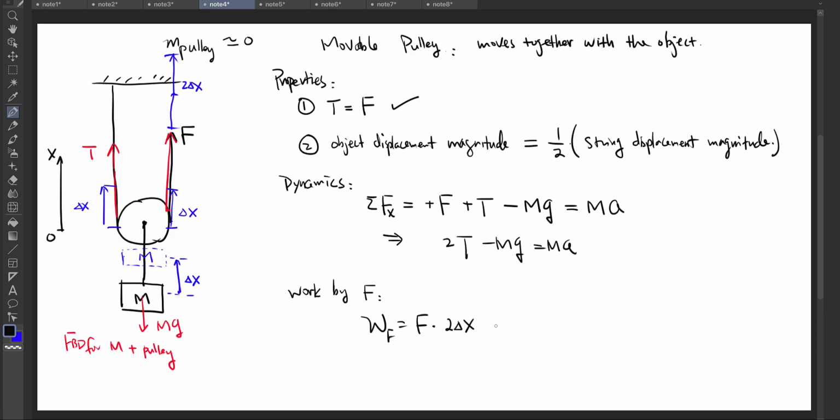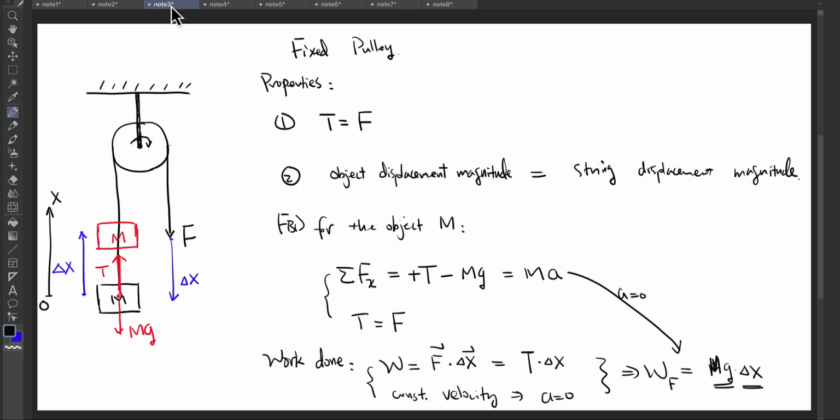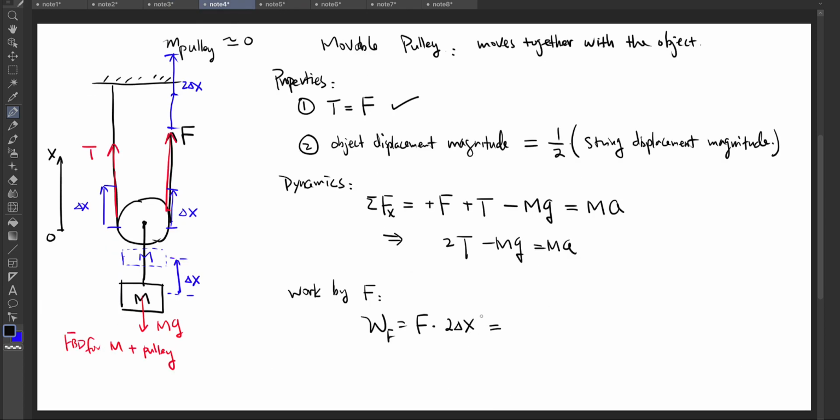And that means that, just like before, if I want to describe it as the gravity mg, then I need to assume that we pull up the object slowly with a constant velocity, meaning a equals 0. Constant velocity for m will mean a equals 0, and then T equals half mg. Okay, so that's what I need here.